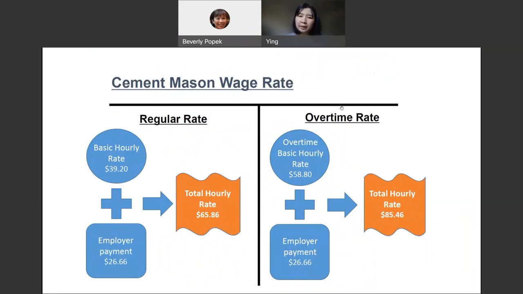But the employer payment, which is $26.66, is not going to be calculated into the overtime payment. So for regular rate, the total hourly rate is going to be $65.86. But for overtime hourly rate, it's going to be $85.46. Next.